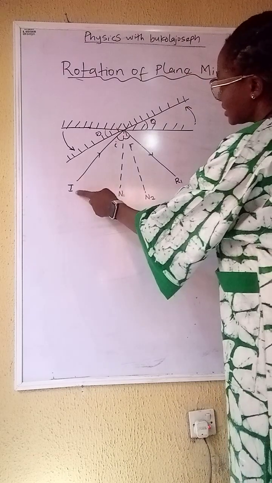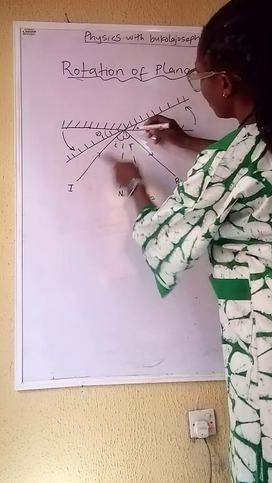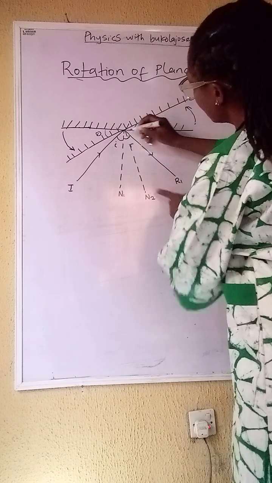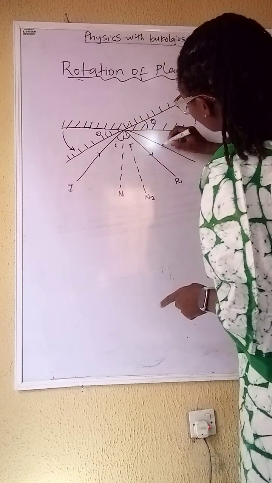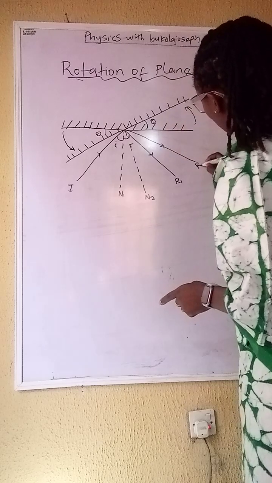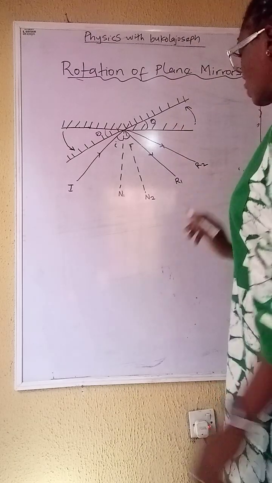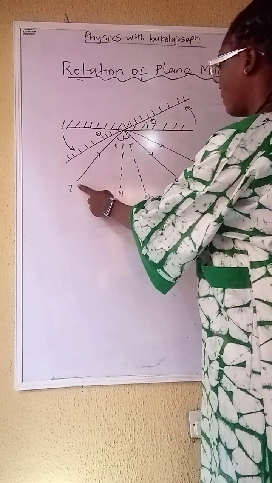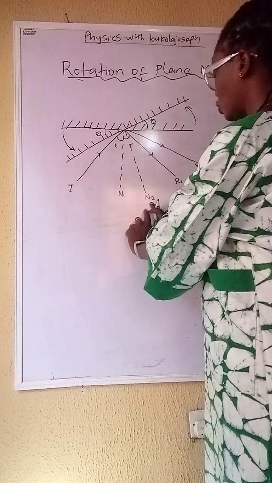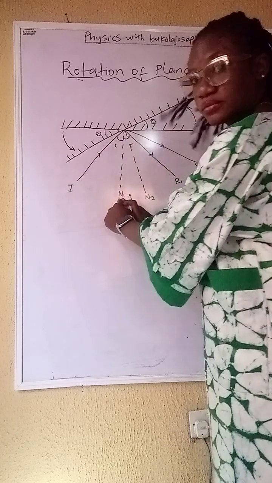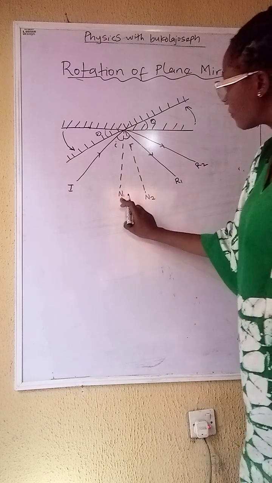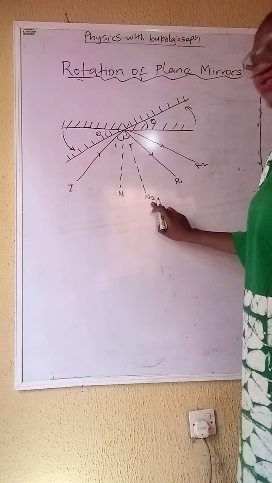With this incident ray and this normal, we have a reflection, which we call R2. This is the normal for after rotation, and this is the normal for before rotation.